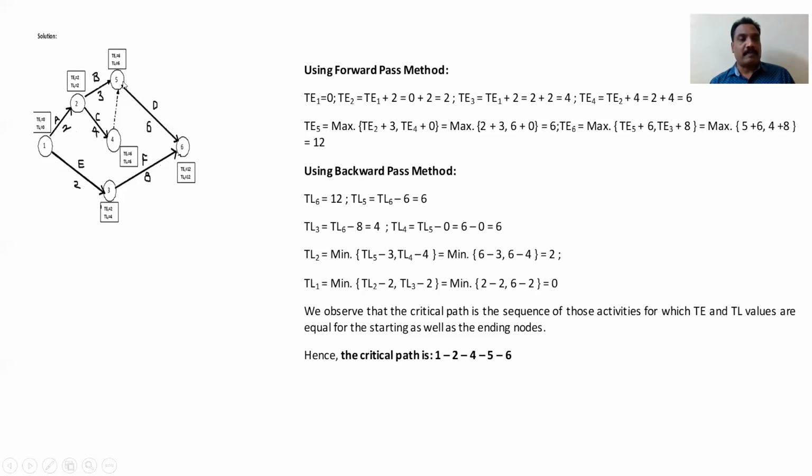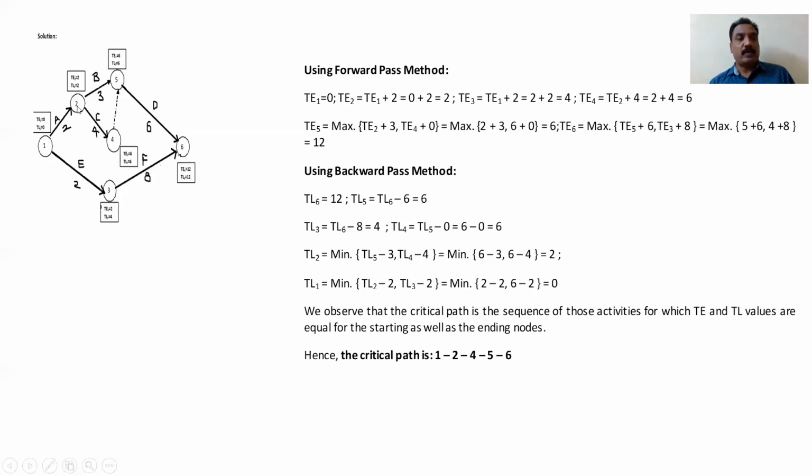Next I am calculating T4. TL4 is TL5 minus 0, since this dummy activity's duration is 0. That is 6 minus 0, equal to 6. So TL4 is 6.